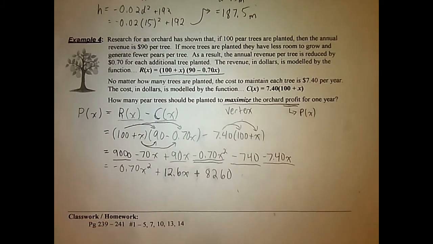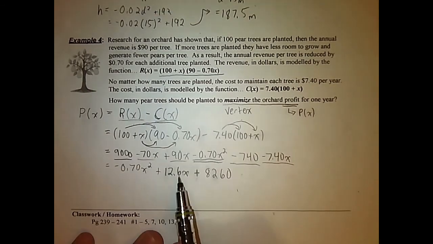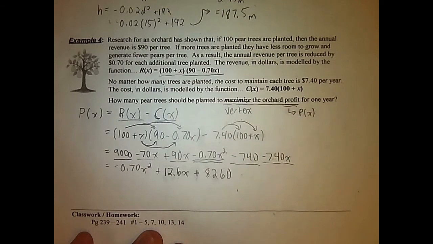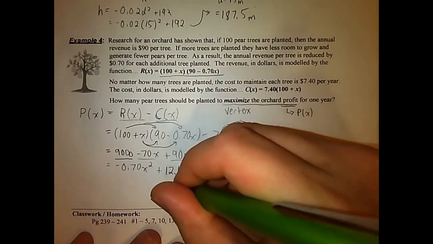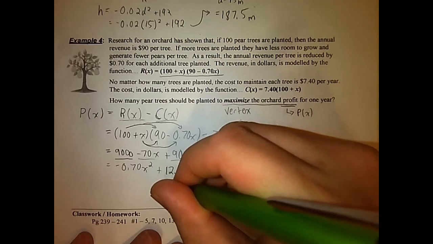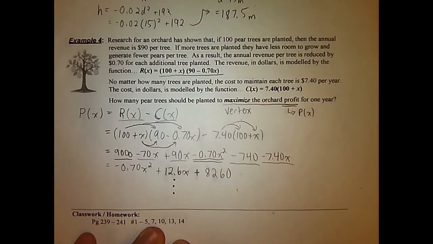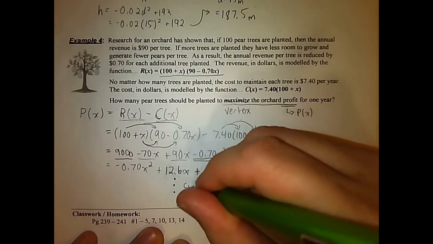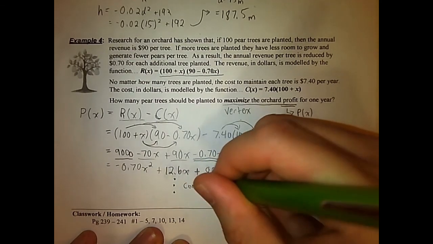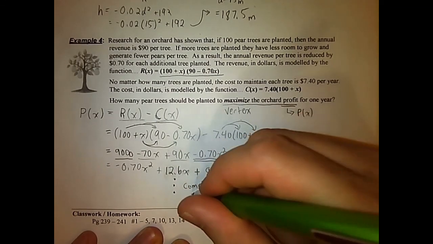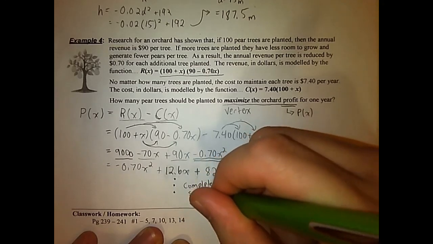So after I've collected my like terms, I've got to put this into vertex form. How do I put that into vertex form? Back to the beginning of the notes, we said to put something in vertex form, we have to complete the square. As you can see on the page, I do not have room to complete the square.